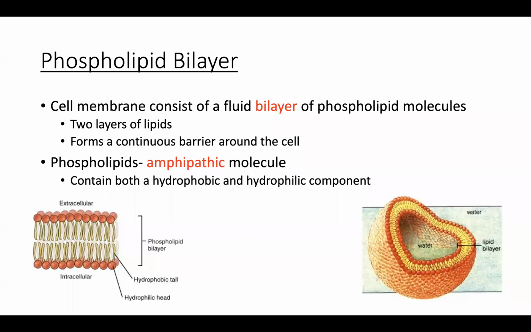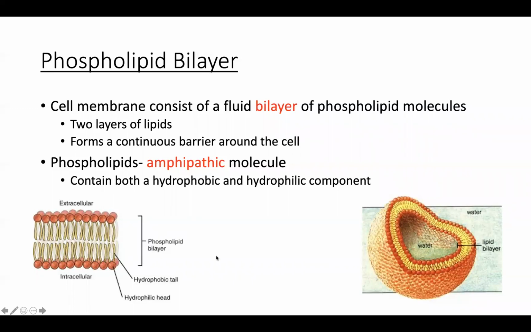Phospholipids are a specific type of lipid, okay? And in this phospholipid bilayer right here, we have 2 layers of lipids: a layer of lipid on the top and a layer of lipids on the bottom. This phospholipid bilayer structure would basically form a continuous barrier around the cell. And this is what's illustrated over here in this picture, okay? We have 2 layers of phospholipids.